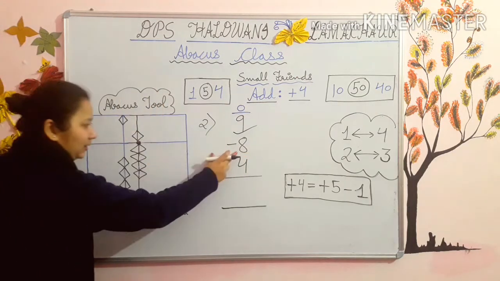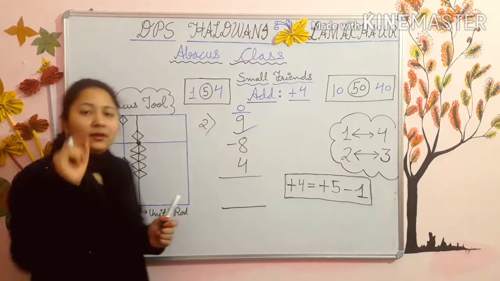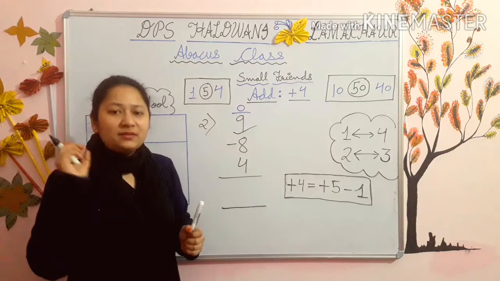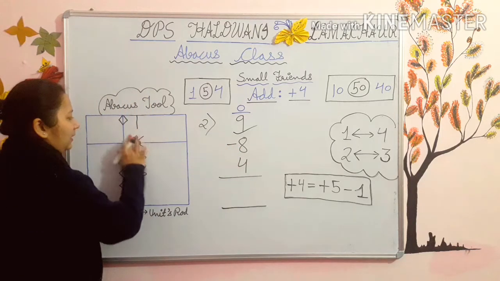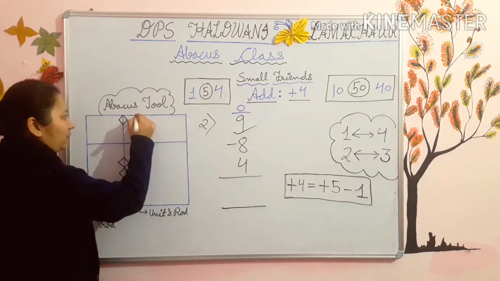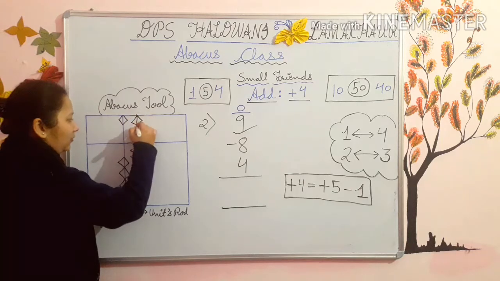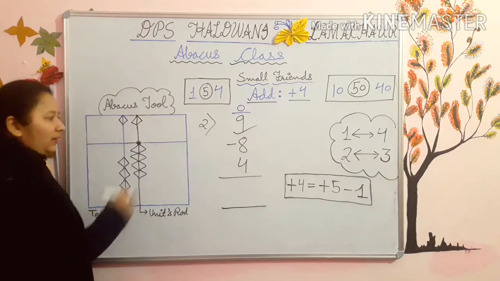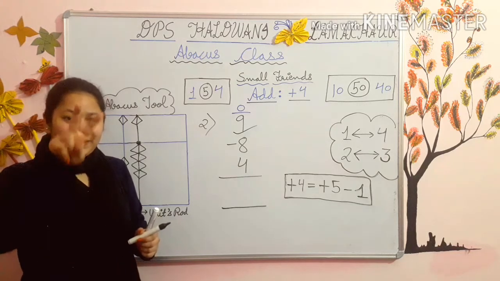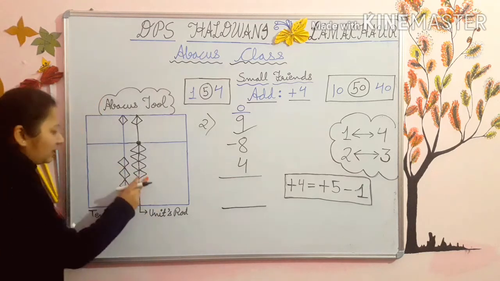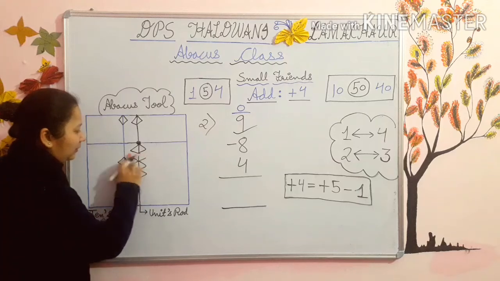See minus 8. For minus 8, we have to first of all minus 5. Be careful with the sign kids. Now for minus 8, first of all we will minus 5. See 5. Now it's 8. See 5, 6, 7, 8. We have to minus 3 also. 1, 2, 3.